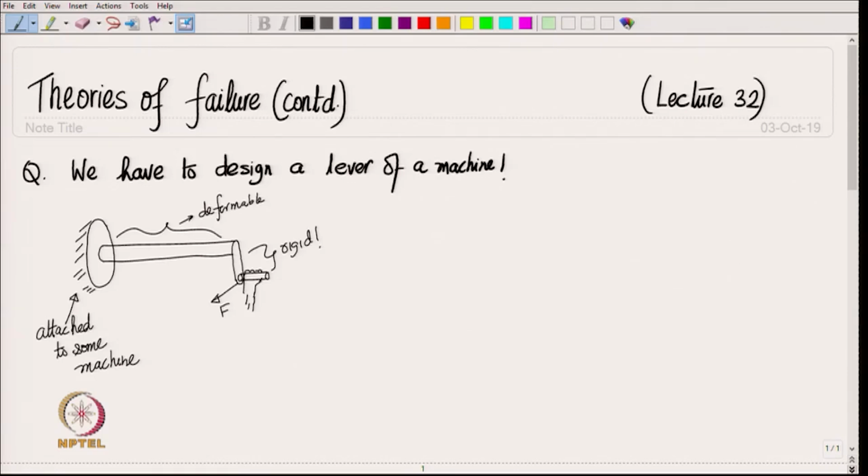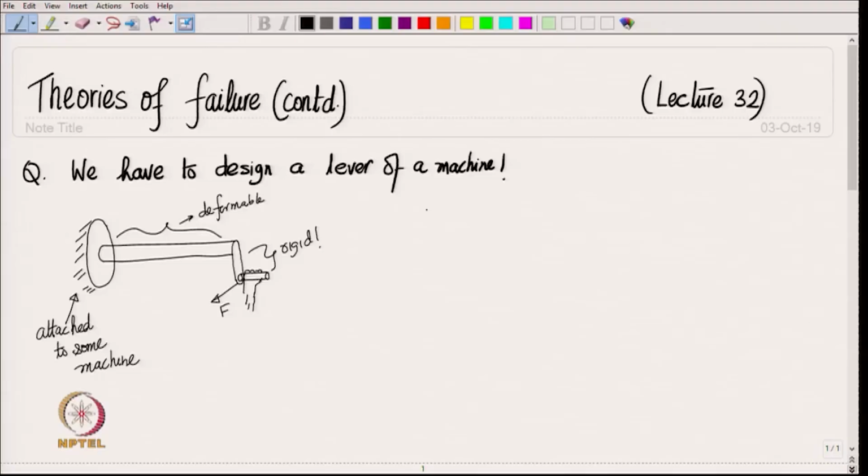So, if we have to apply 100 ton, then we have to design for 200 ton, okay, so that we never really reach the critical limit of 200 ton. All right. So, the factor of safety being n, so we have to design for force equal to n times F.